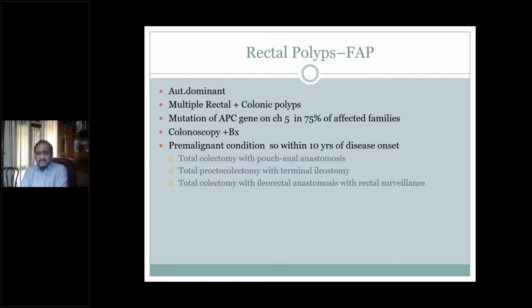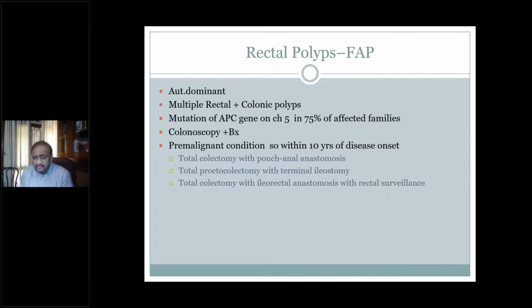And what do you find in these patients? The genetic defect is the chromosome 5 APC gene, and in 75% of affected families who have this gene, they will be having a mutation of this gene, right? Colonoscopy and biopsy are important. It is a pre-malignant condition, so within 10 years of disease onset, you should do a total colectomy.